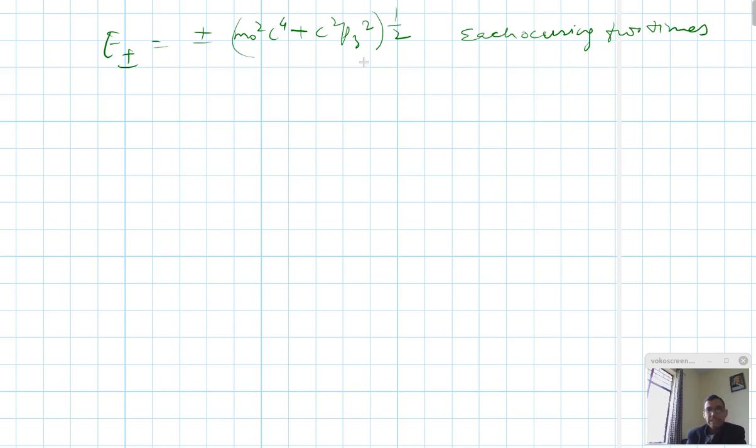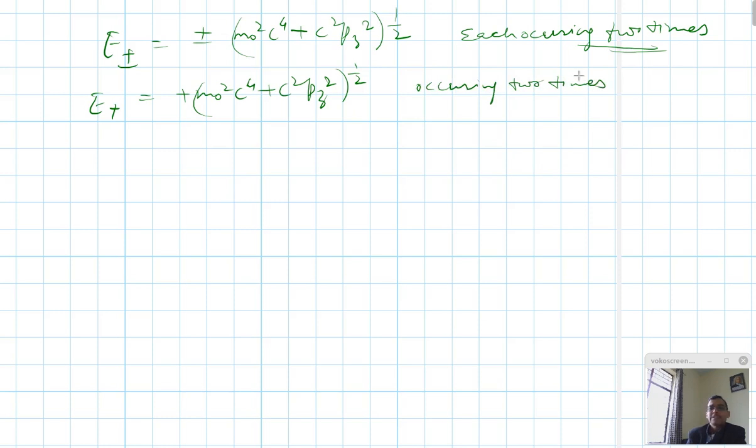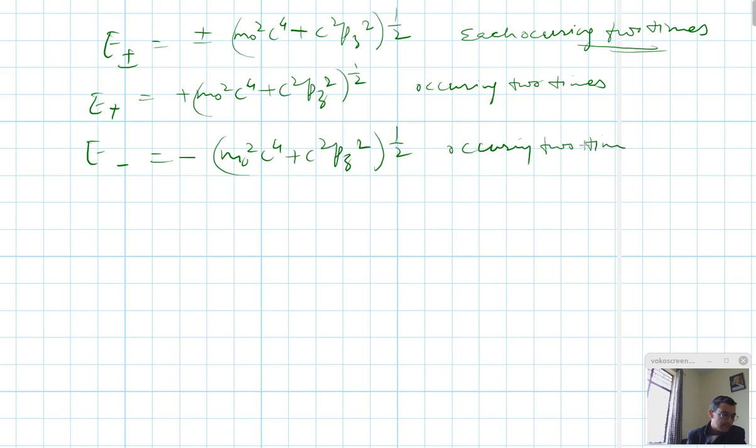We must have 4 values, so each must occur 2 times, each root. So that means this is E plus, m naught square c4 plus c square pz square raised to power 1 by 2, and this occurring 2 times. Similarly, E minus is minus m naught square c4 plus c square pz square raised to power 1 by 2, and it is also occurring 2 times. This is the main thing which we have to keep in mind.